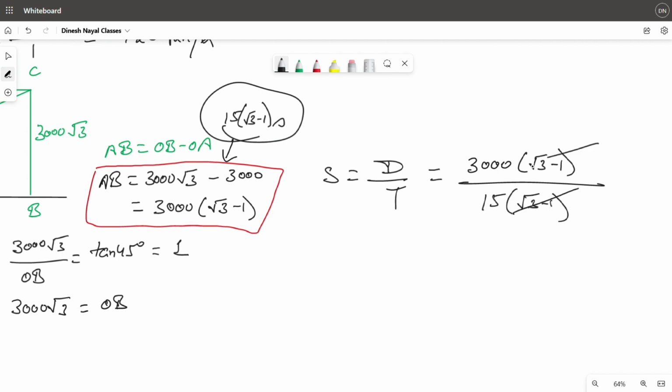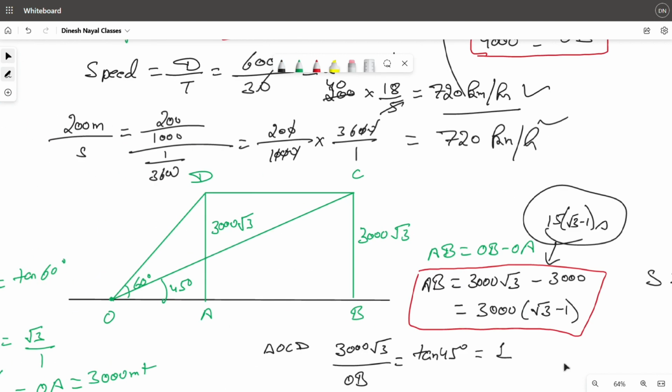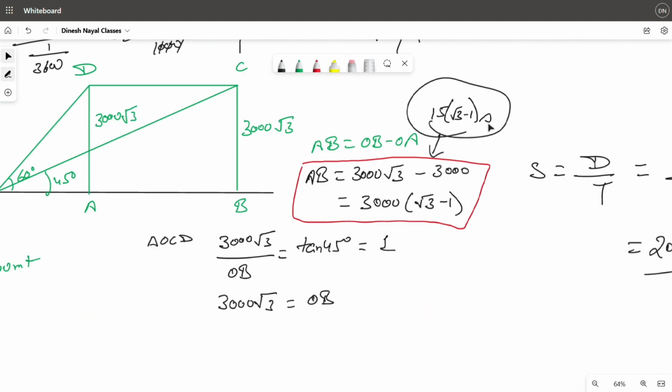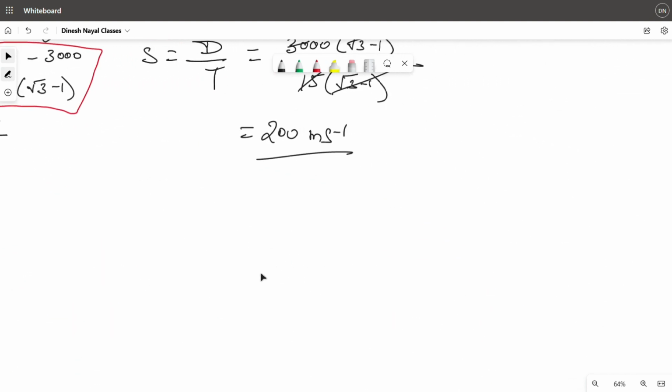We'll see that 15(√3 − 1) will cancel. 15 goes into 3000 200 times, so this is 200 meters per second. As we have already converted this to kilometers per hour just now, you can take help from that. So this will be 720 kilometers per hour. That's our answer. Hence proved.